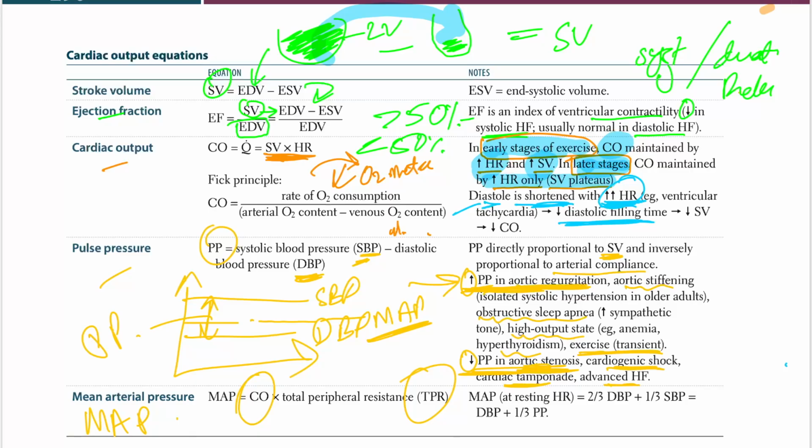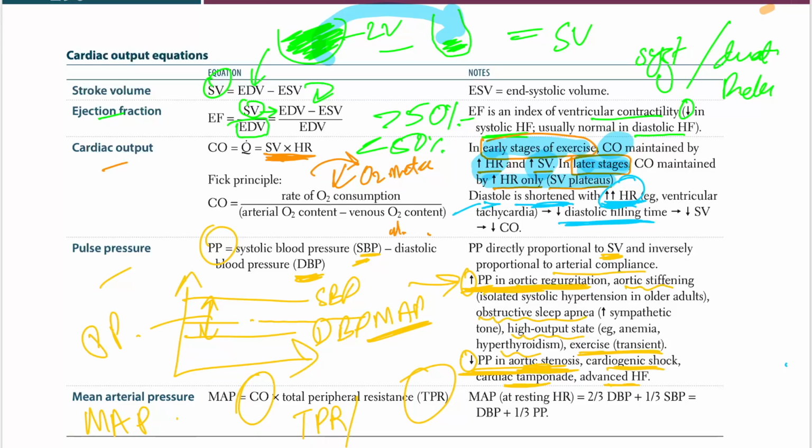So a couple of names here: TPR, total peripheral resistance, is equal to vascular peripheral resistance, or anything which talks about afterload.